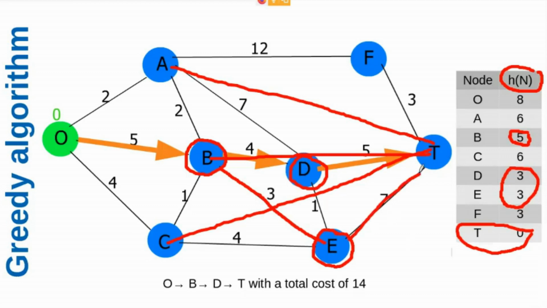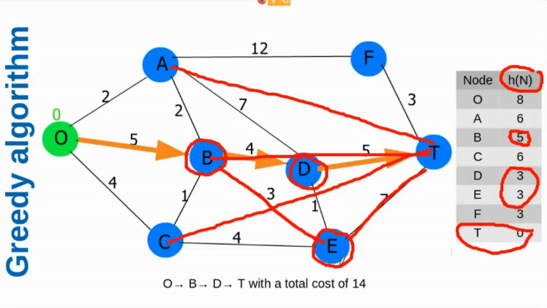So another possible result of the greedy algorithm is O, B, E, and T, with a total cost, as you can see here, of 5, 3, 8, 15.